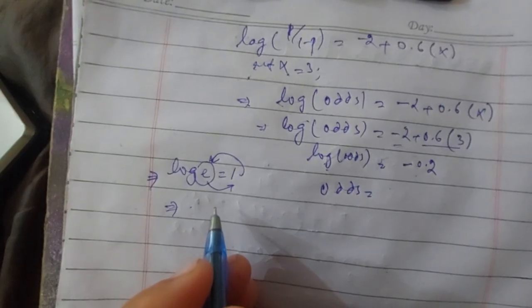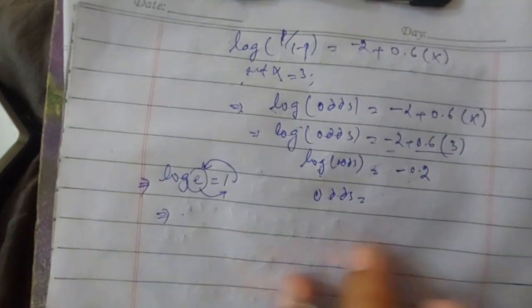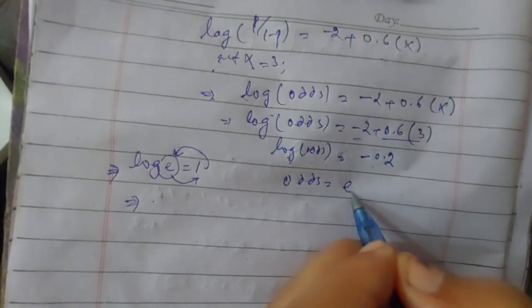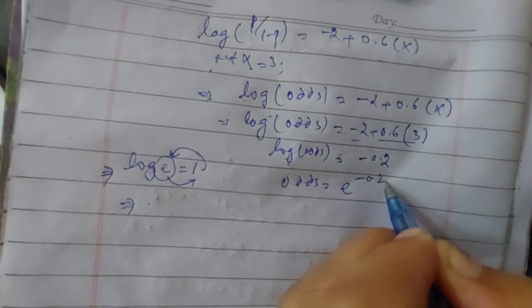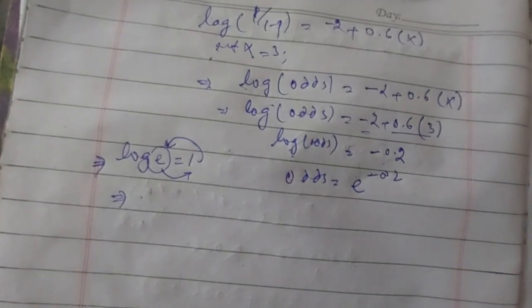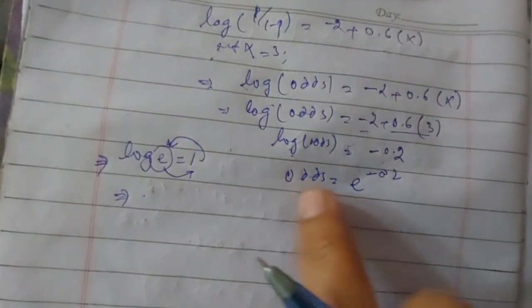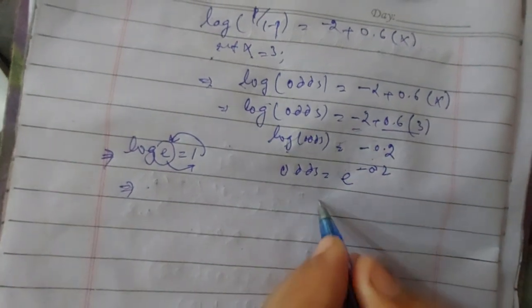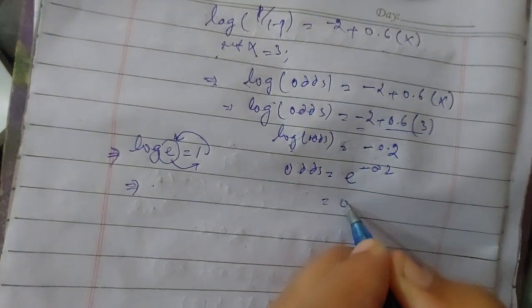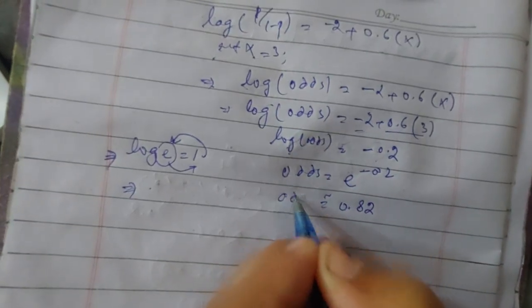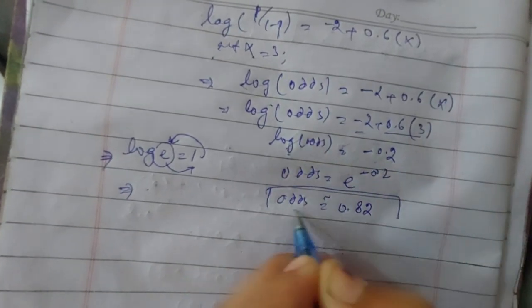So we will get odds is equal to e raised to the power minus 0.2. When we calculate e raised to the power minus 0.2, we get 0.82 approximately. So this is the odds value at x is equal to 3.